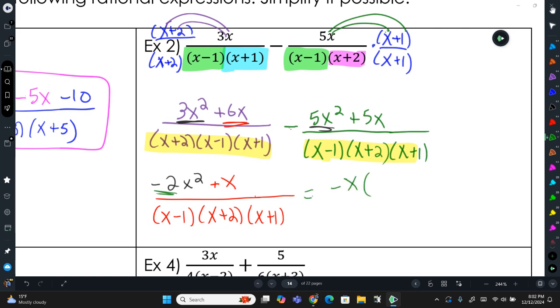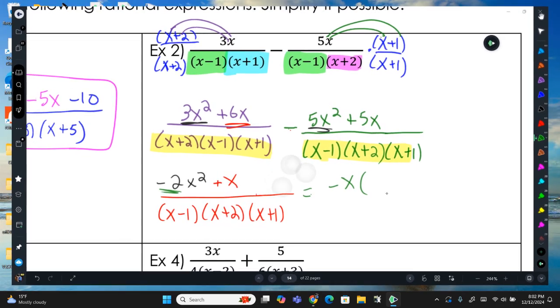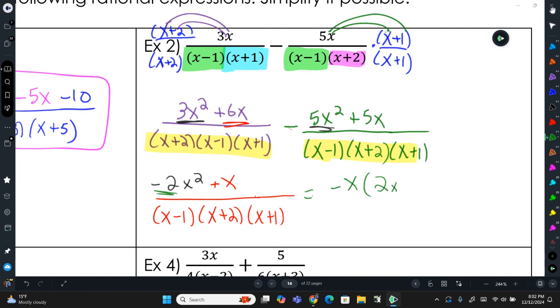And that leaves me with 2x plus 1 over that common denominator, x minus 1 times x plus 2 times x plus 1. We can't cancel anything, so we leave our answer just like that.